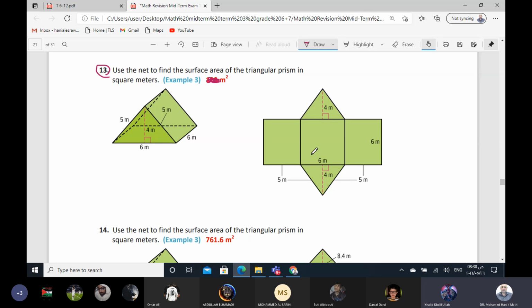Sir, my answer is 120 meters square. Okay, thank you, Khalid. Who has a different answer?